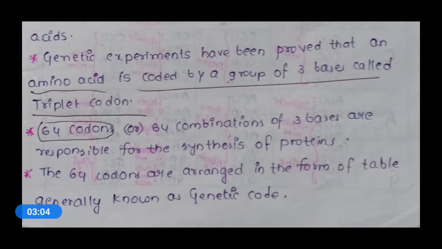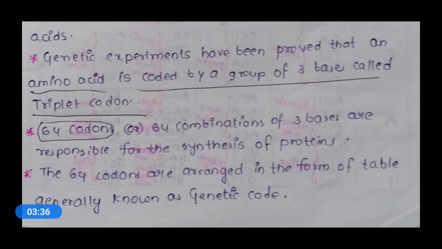All the 3-base codons come in 64 combinations. Of these 64 codons, 61 code for amino acids and the remaining 3 are nonsense codons, or simply stop codons. The codon AUG, which codes for methionine, is the initiation codon.